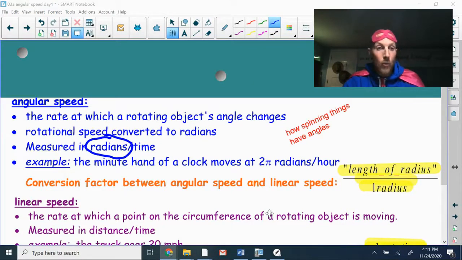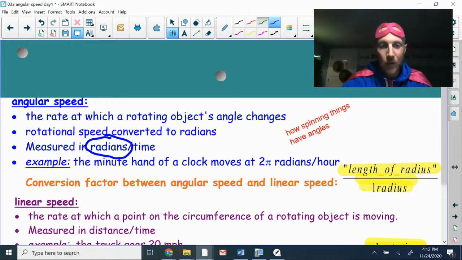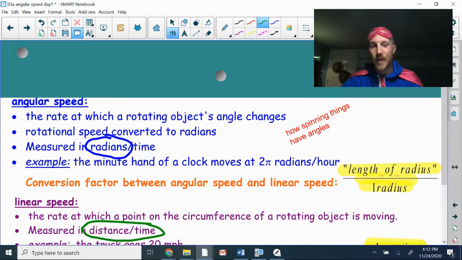So these conversion factors that we have in our notes describe how to convert one type of speed to another type of speed. Speeds are calculated things, right? Linear speed, for example, is distance divided by time. Angular speed is radians divided by time. What if, instead of working with speeds, we just worked with distances?